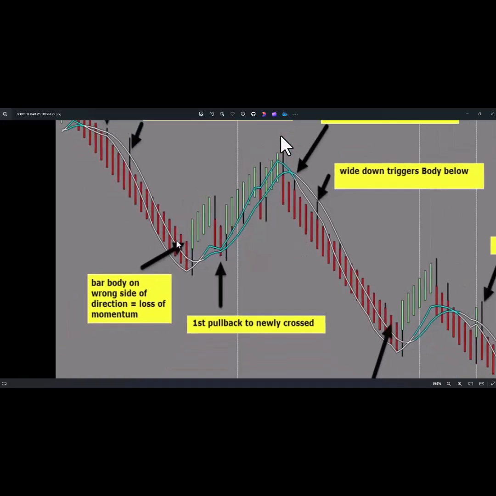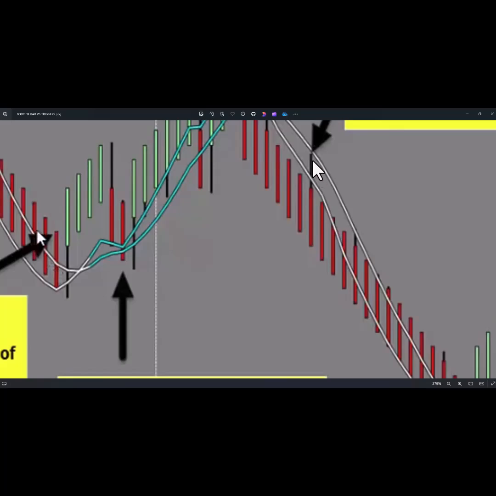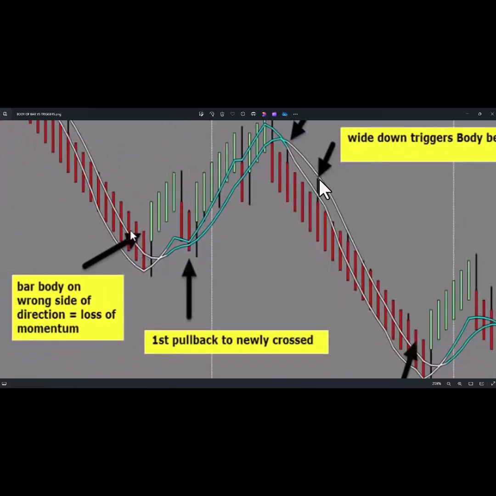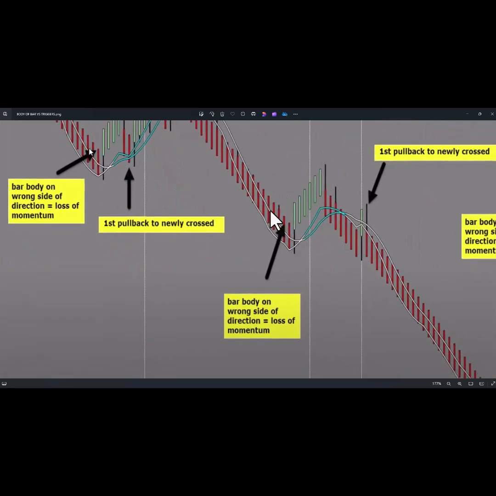Usually this is your retracement in a big trend, and then you finish the move. Now, when price bars are below and they cross and they're really wide and the price bars are on the correct side, this is where you get your trend trades if it's a big chart, or momentum trades if it's a little chart. When the price bars are inside or above the small triggers going down, don't do momentum trades.